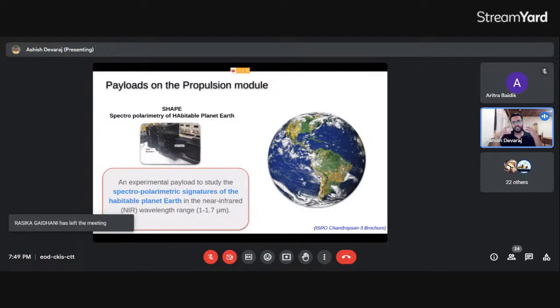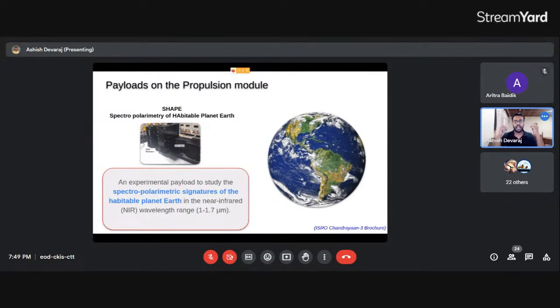So we are looking. We don't know what results will come out of this because this is the first time somebody is doing a polarimetric experiment on Earth. So we will analyze the data. I mean, not me particularly, the payload team and also people who are interested in this kind of measurement will do the analysis. We need further understanding about this because we should know what signature it can make and what we are seeing, and those things will come up later after the data is analyzed thoroughly.